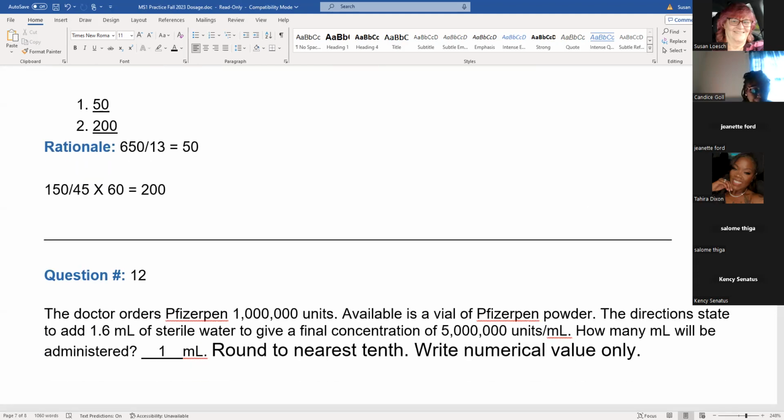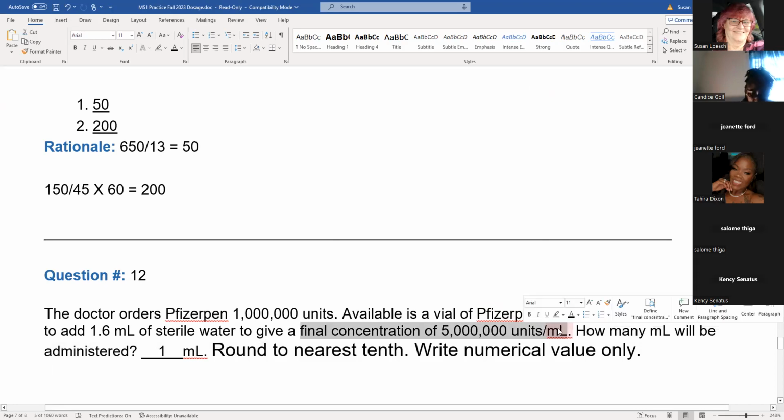All right, this is a reconstitution. Sorry, reconcentration. That's what I need this morning. Reconcentration. My brain. All right, so when you do these, whatever your final concentration is, or your final supply, or your on-hand supply, that's what you have on hand. This is desired over have.